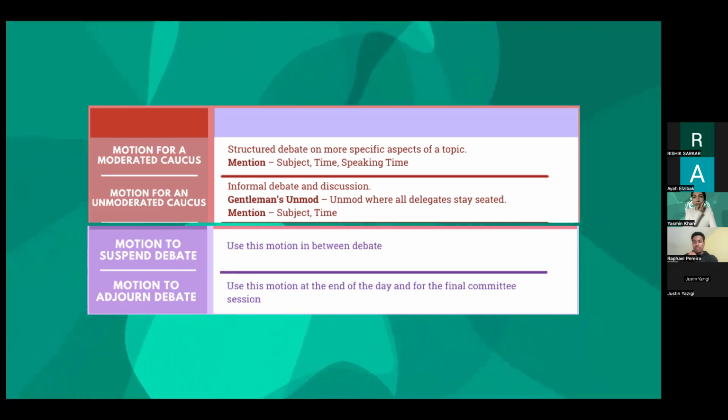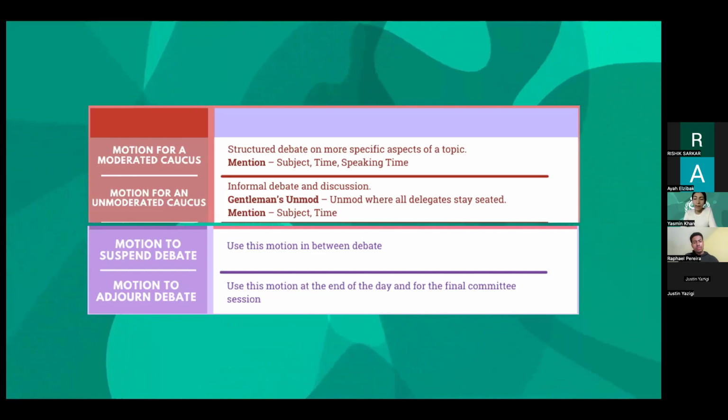Yeah. Prashak, you had a question? Yeah, I'm also assuming the relevance of the topic depends on the chair, like as in whether it's relevant or not, if it should be passed as a motion. That depends on the chair, right?